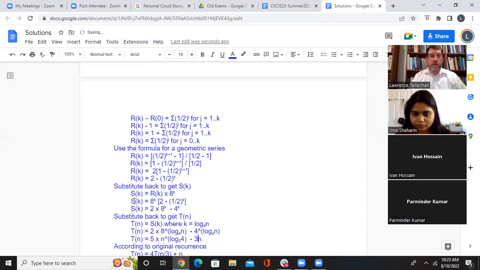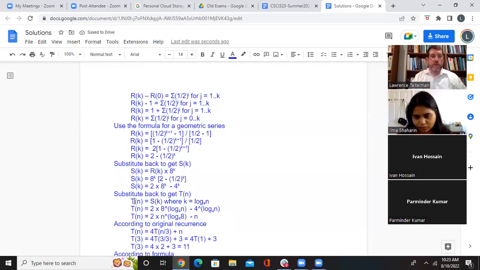So that gives me 2 times n to the log base 4 of 8. And over here, we get n to the log base 4 of 4, which is just 1. Okay, and we can simplify that one step further.